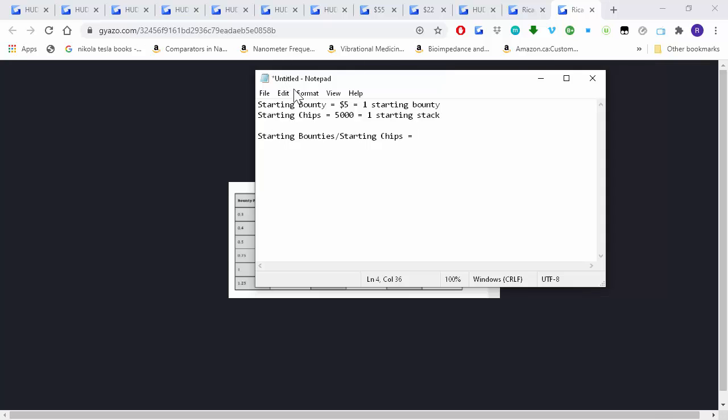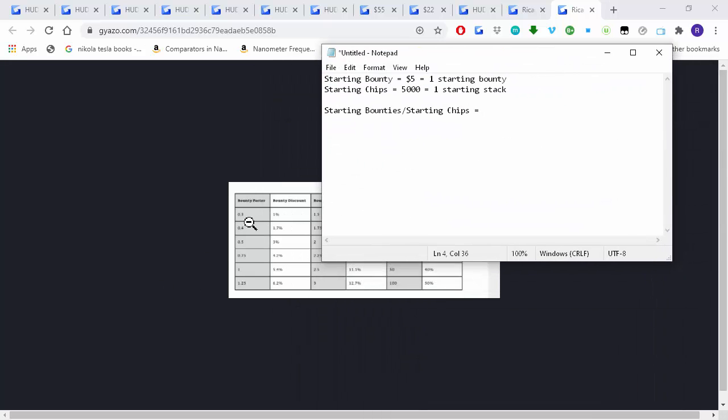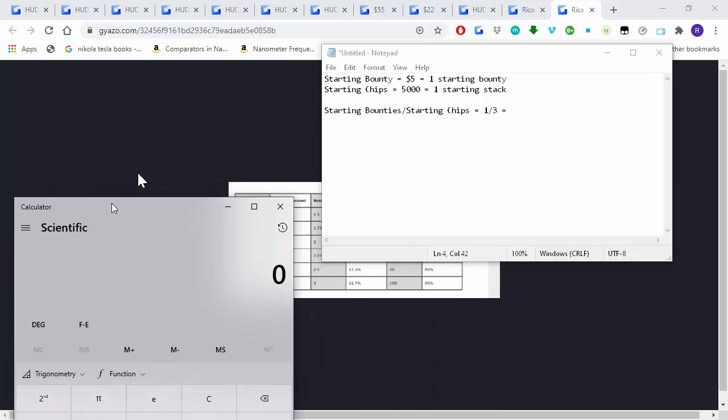So let's say you triple up, but you don't get any bounties. So you still have 1 starting bounty. You tripled up. It's 1 starting bounty divided by 3 starting stacks. So you tripled up, and your bounty's still the same.